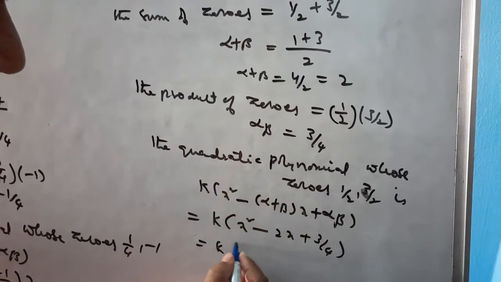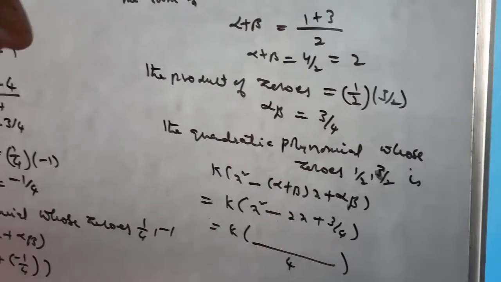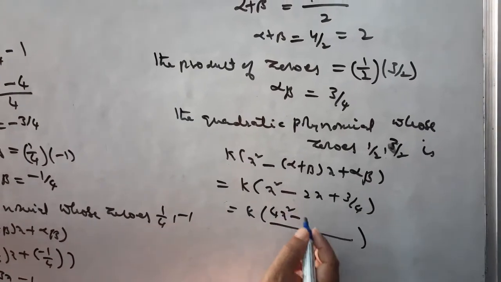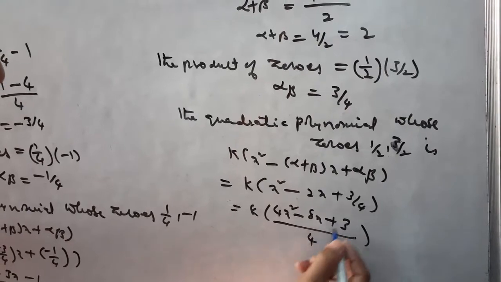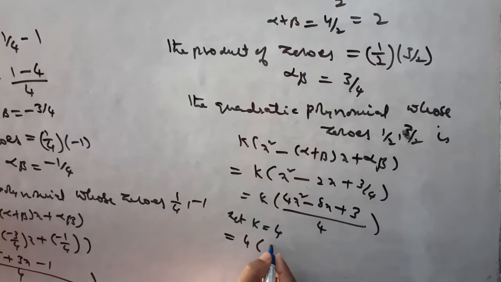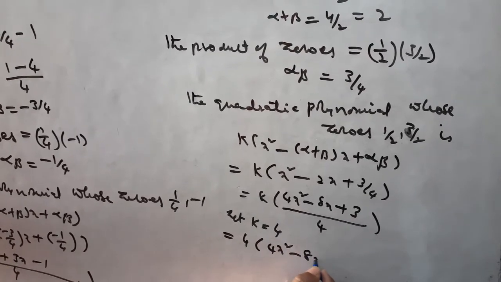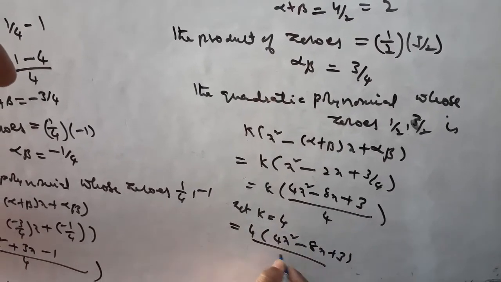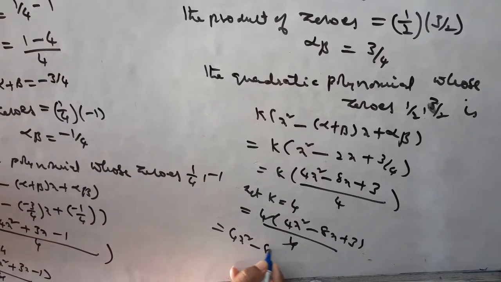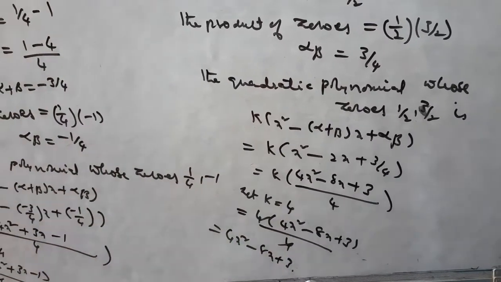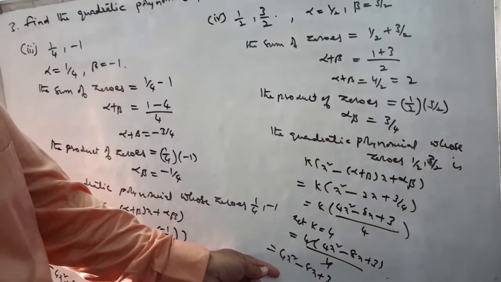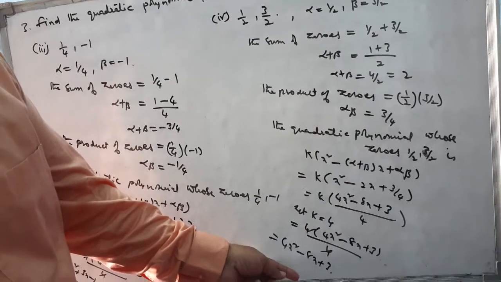So k into, LCM is 4, we will get 4x square minus 8x plus 3. If you take k equal to 4, we will get 4 into (4x square minus 8x plus 3) by 4. The 4 cancels. We will get 4x square minus 8x plus 3. So this is a quadratic polynomial whose zeros are 1 by 2 comma 3 by 2: 4x square minus 8x plus 3.